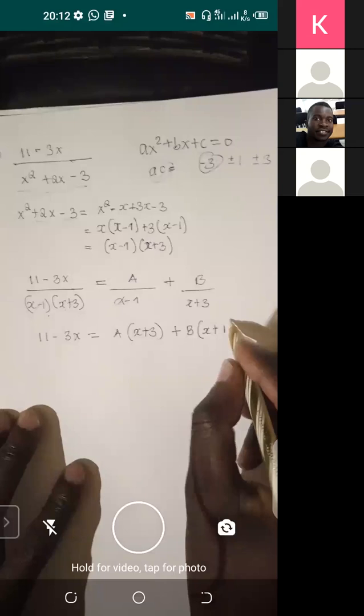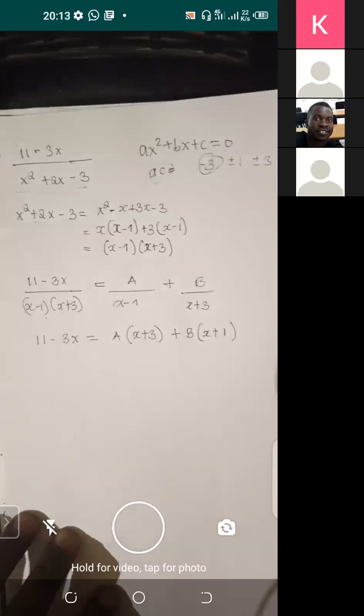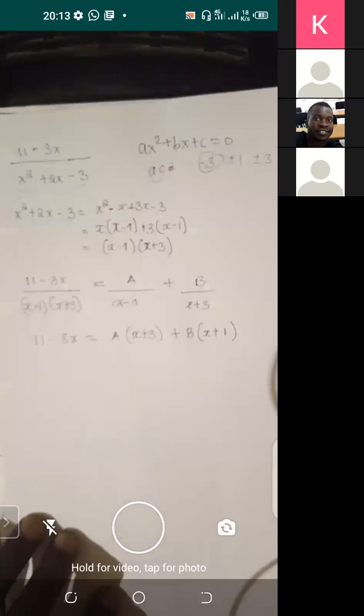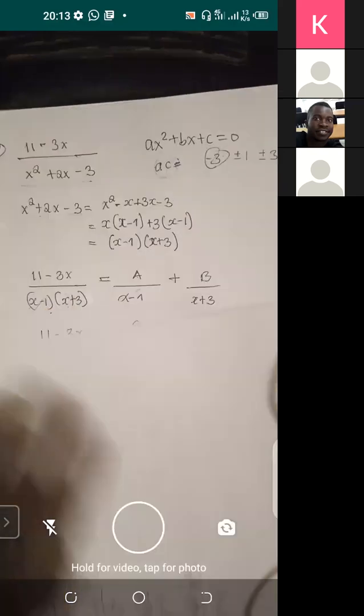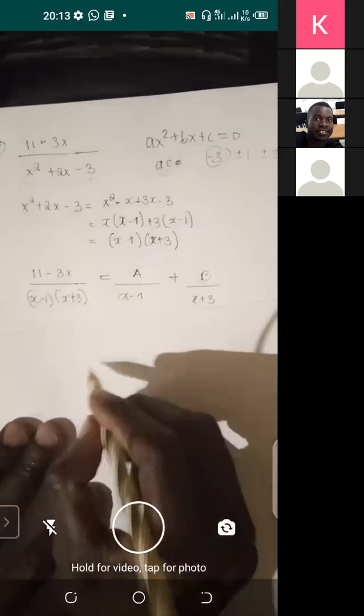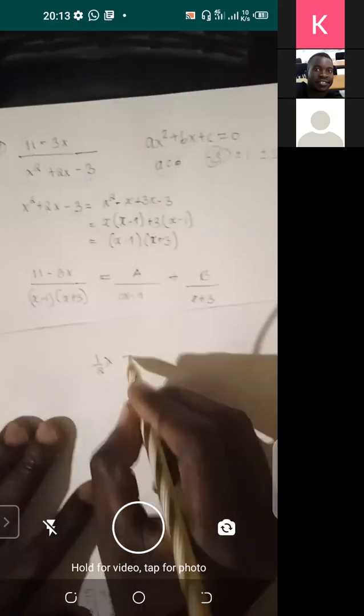Okay, so for us to find A... Excuse me, sir. Why are we multiplying? I'm not clear. Yes, so let me give an example. I have an expression like 1 over 2x equal to, say, 4.